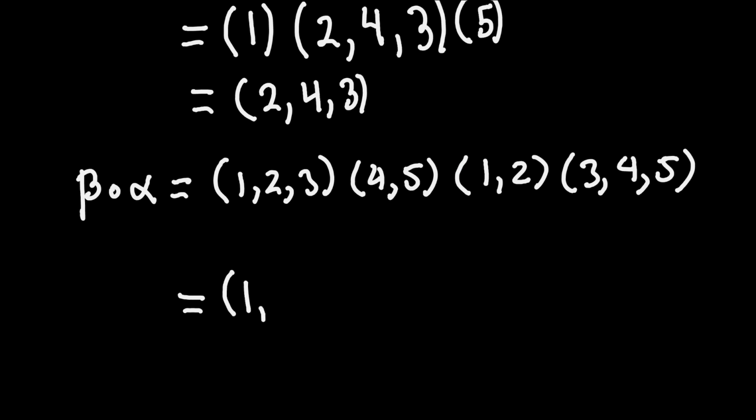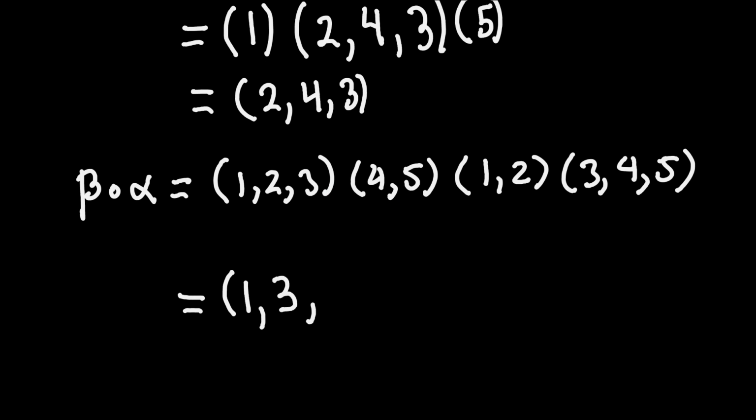Right. And let's see what 1 is mapped to. So we start with 1 here. 1 is fixed by this. Now 1 is passed to this one, so 1 goes to 2. And now 2 is fixed here, and then 2 goes to 3, so 1 goes to 3 in this case.